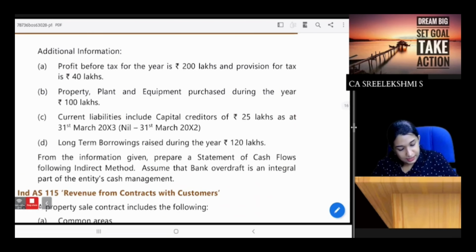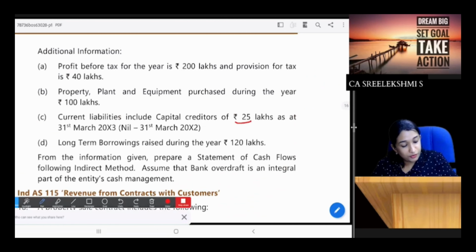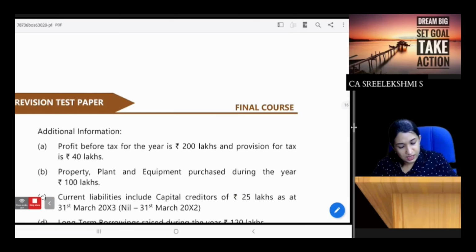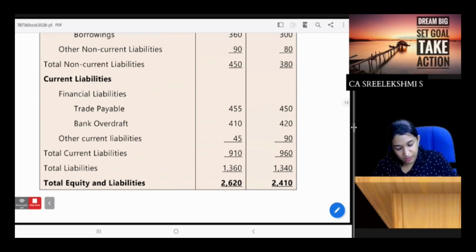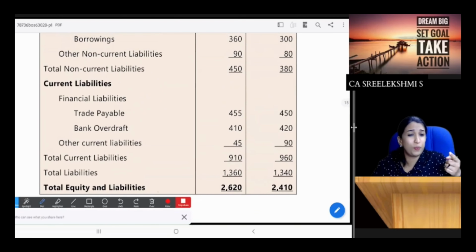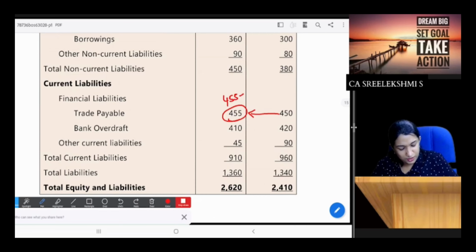Current liabilities include capital creditors of 25 lakhs as at 31st March 13, and 31st March 12 nil. What do you mean by capital creditors? You purchased an asset, right? You have not paid. So the trade payables include capital creditors. So when you compare the 455 minus how much was the amount?